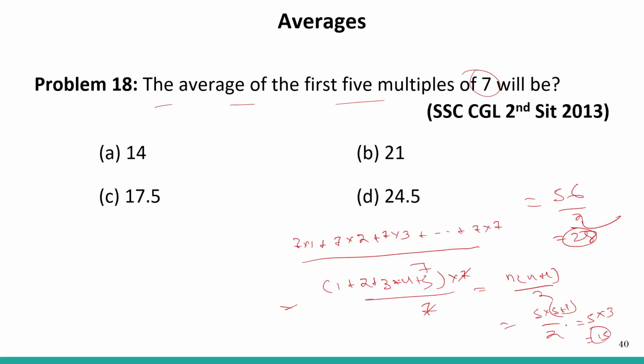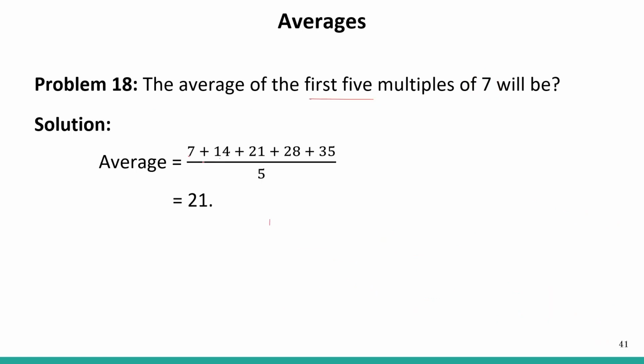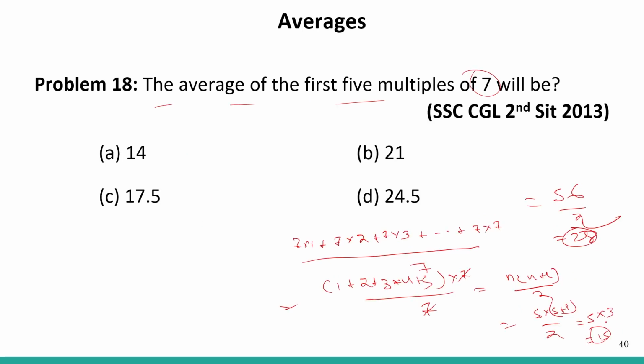So their cumulative sum will be this much. So this is not the correct one. The correct answer will be 15. Okay, so there is a typo here. This should be 15 and this will be the correct one.